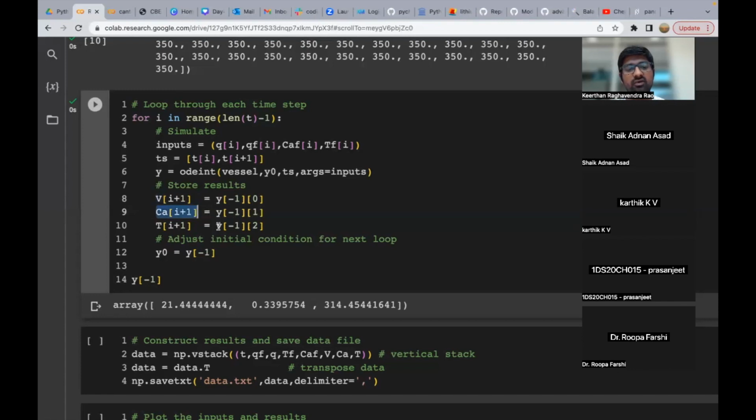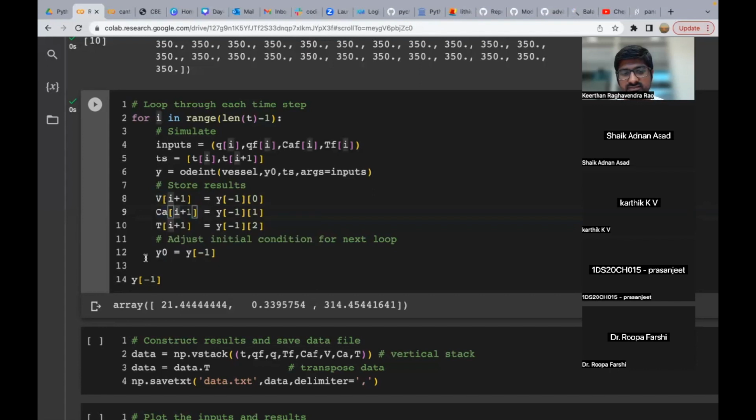And then y -1 of 2 is the third element, which is the temperature, and that temperature will be stored here. So these results for the next iteration will be put back into our function here. So this will go back in y naught. Remember, y naught was also a list of volume, concentration, and temperature.